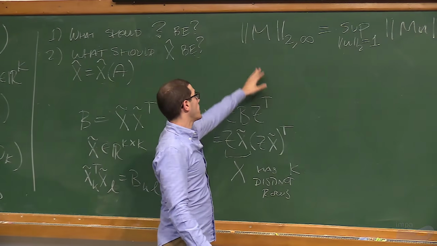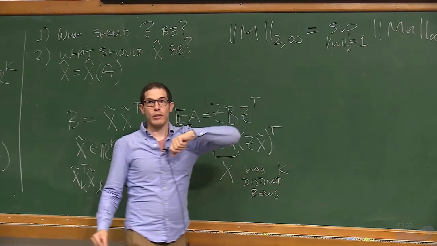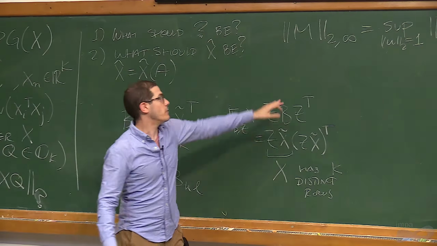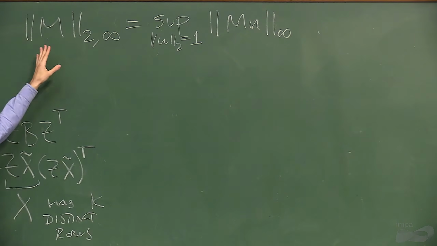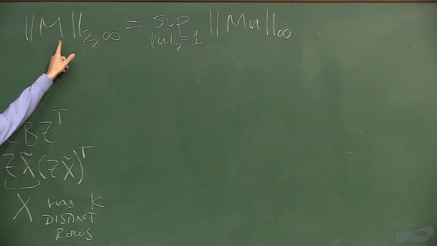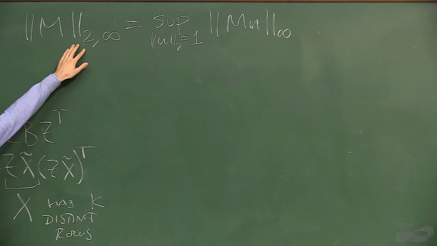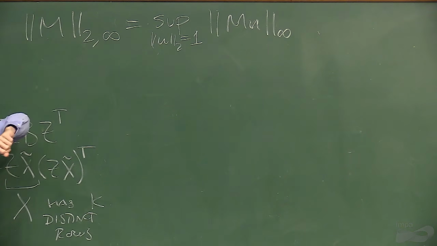So here, for example, we're saying, let's look at all of the operators M, and notice I'm not specifying M's dimension here. M is just an arbitrary m by n matrix. M is going to take vectors, look at all the vectors with 2 norm equal to 1, and find the one that makes the biggest infinity norm. Okay? All right, so that's the operator view of this thing.